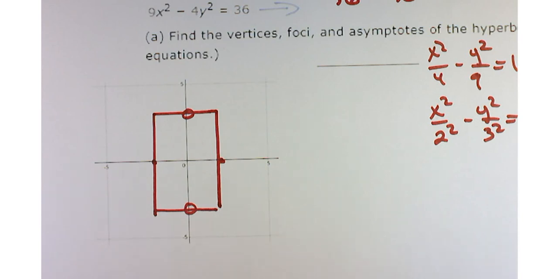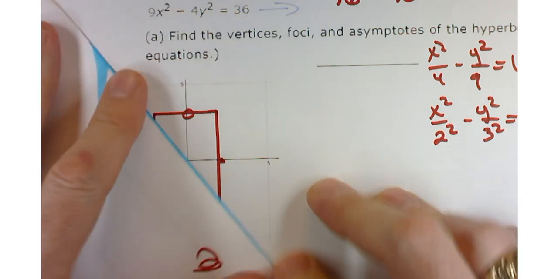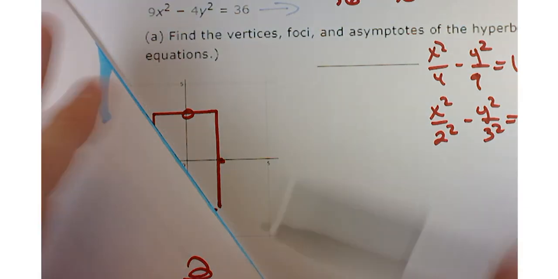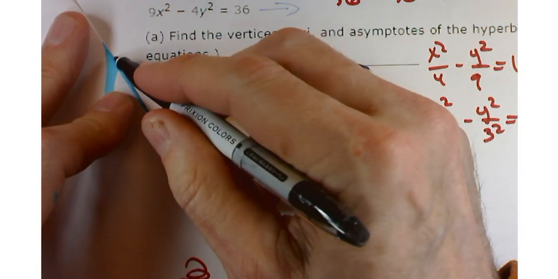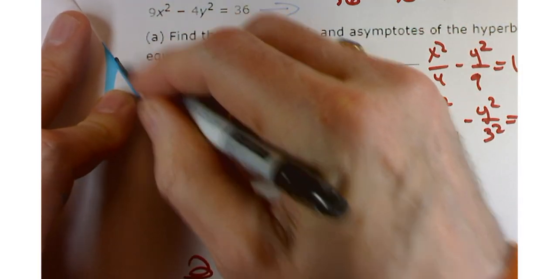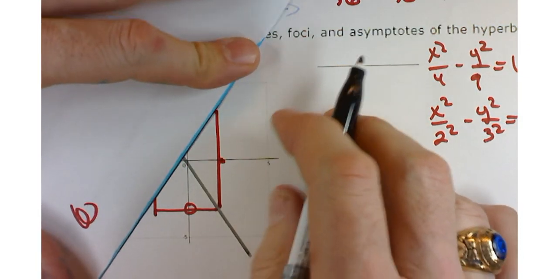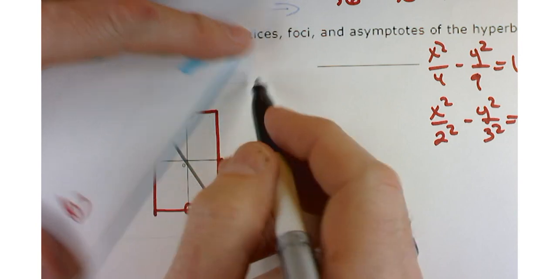Now let's get the asymptotes as well. So the asymptotes are going to look like this. Diagonals of this rectangle. And the asymptotes meet nice and carefully right there in the center.